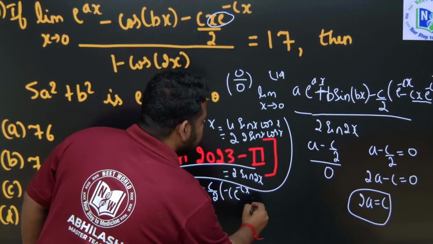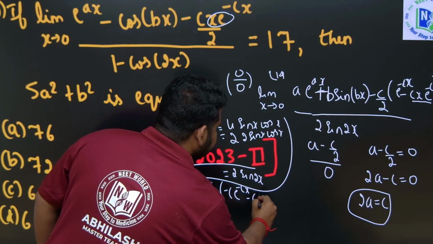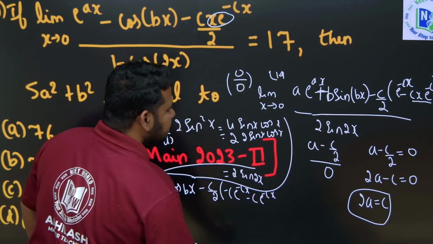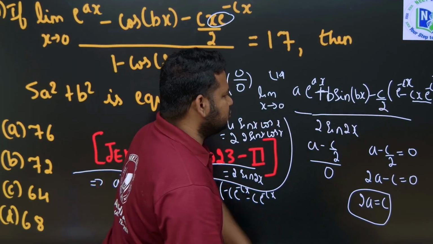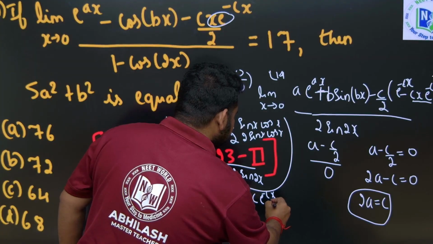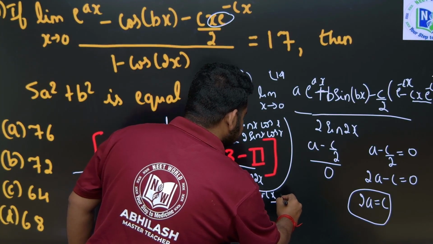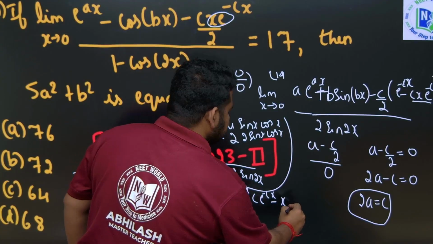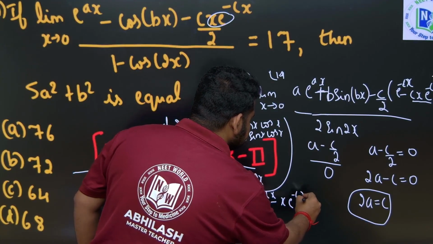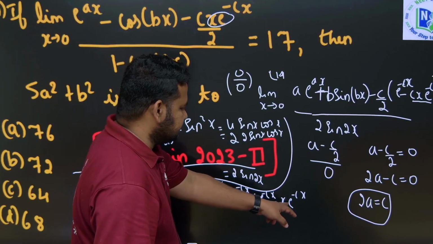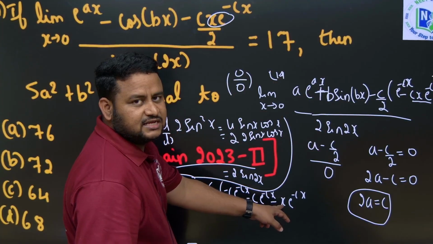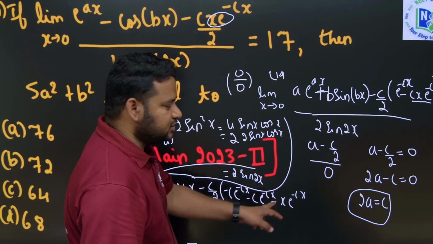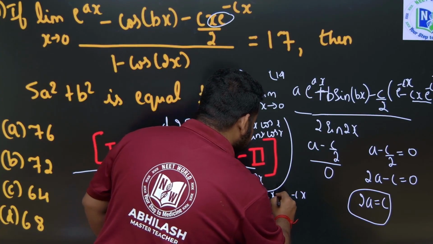This will become minus c into e power minus cx, and then minus x into the derivative of e power minus cx, which is minus c into e power minus cx, and minus into minus becomes plus c square.